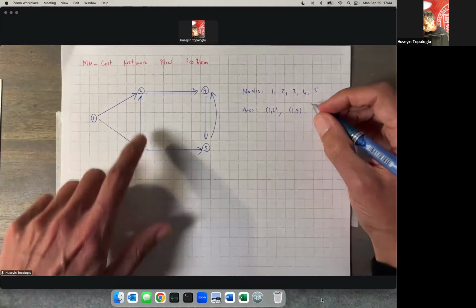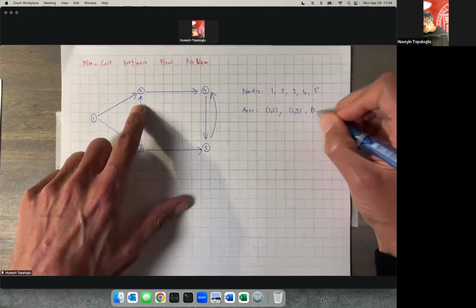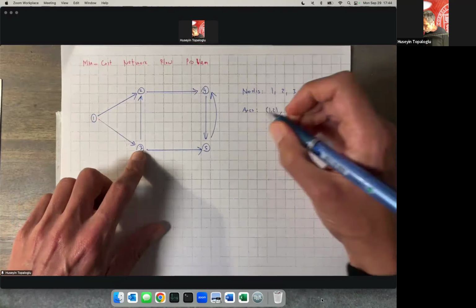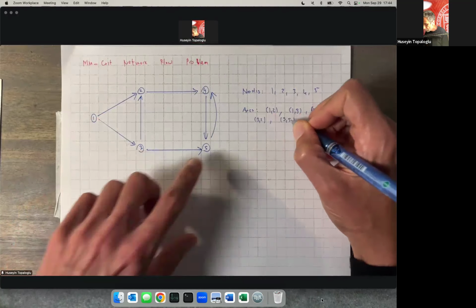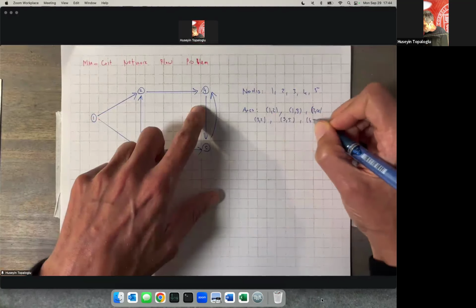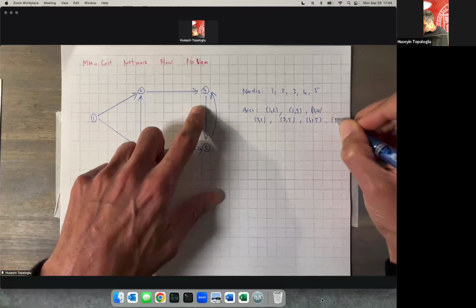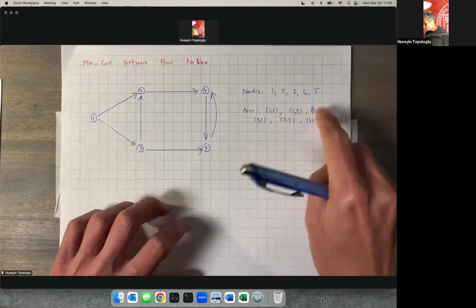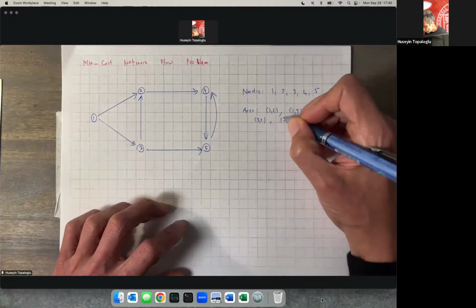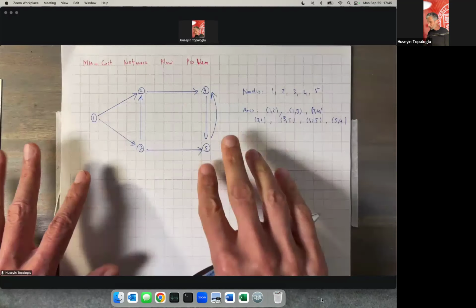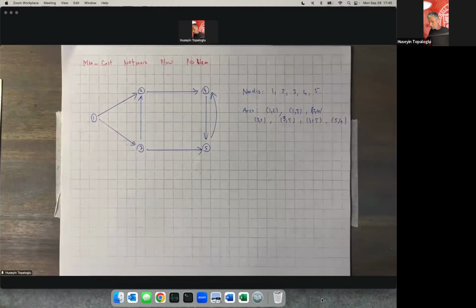An arc that connects node 2 to 4, 3 to 2, 3 to 5, 4 to 5, and 5 to 4. I have 7 arcs. Great. So that's the network setup. I have a whole bunch of nodes connected with a whole bunch of arcs.